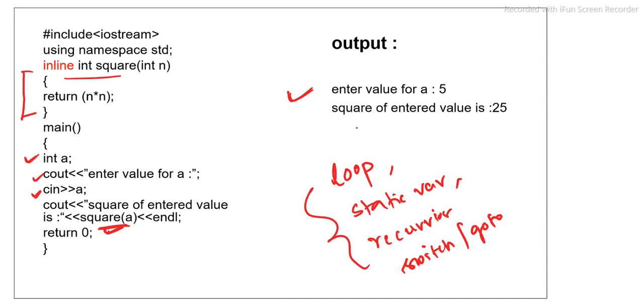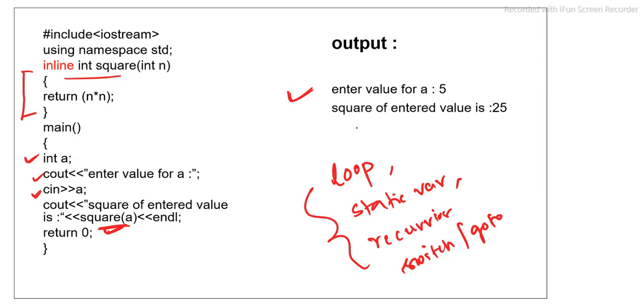And besides that, there are many advantages of inline function also. Using inline function, the function call overhead will be reduced, or it will be a negligible amount. And sometimes when we use variables in our inline function, those will be pushed or popped into a stack during the function call.